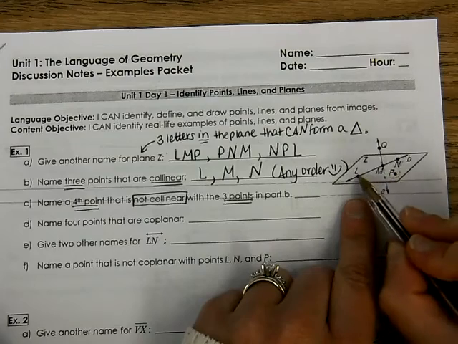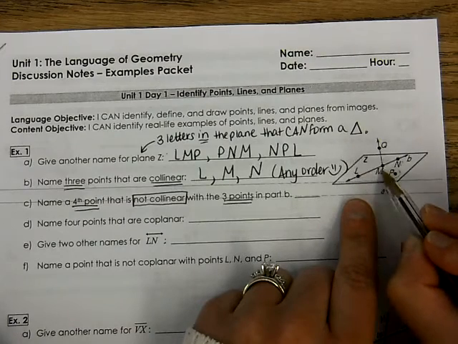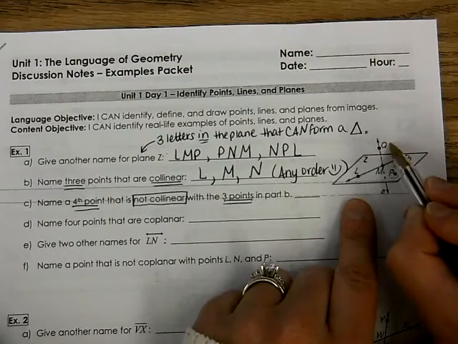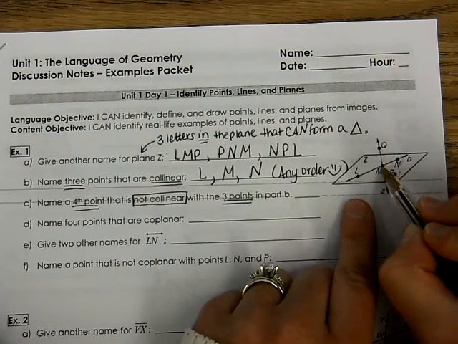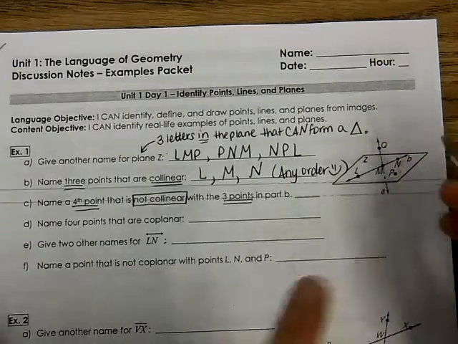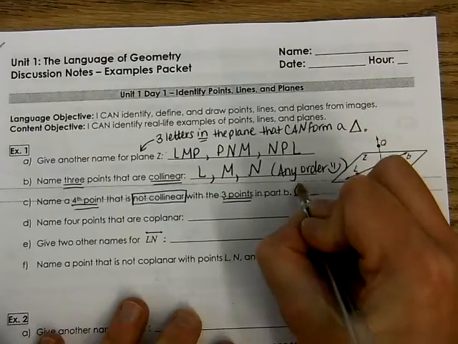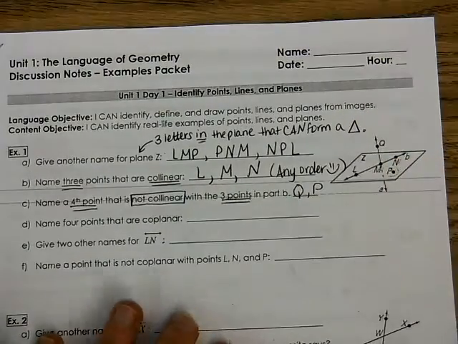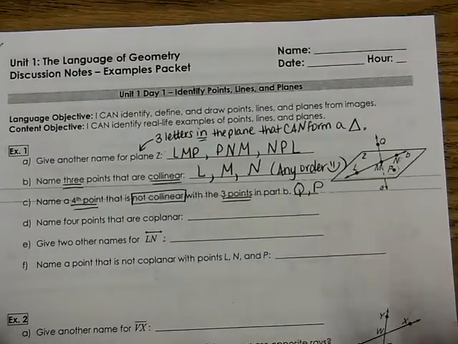Point P is not on the same line as L, M, and N. And same with point Q. Point Q is on a line with M, but it is not on the same line as L or N. Therefore, there are 2 answers here. You could select Q or you could select P. Either one is perfectly acceptable.